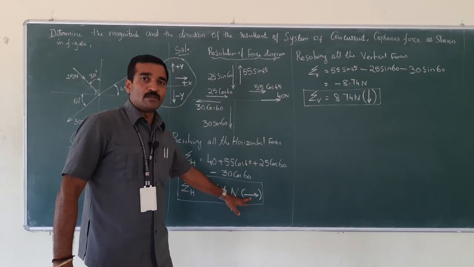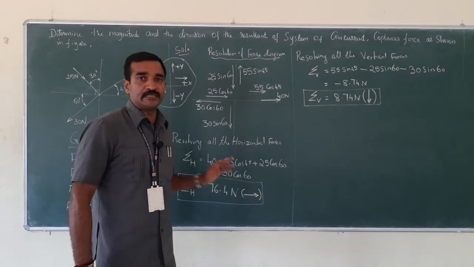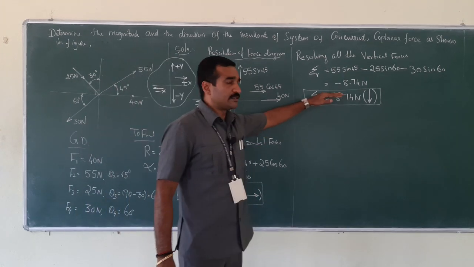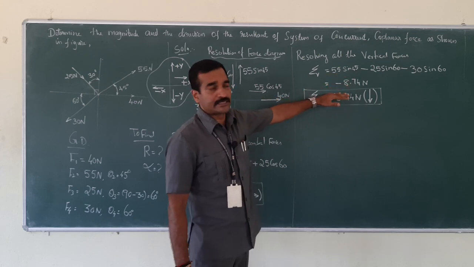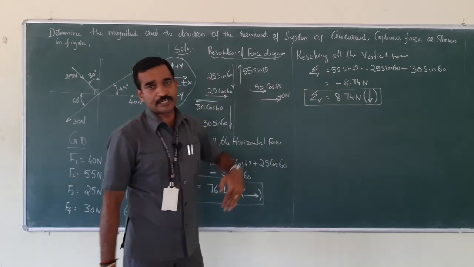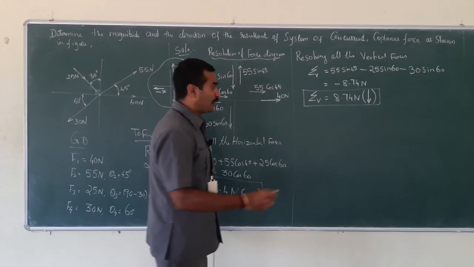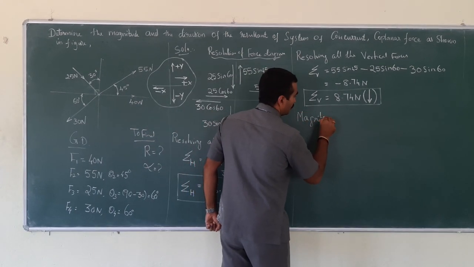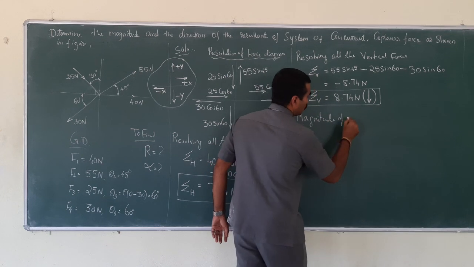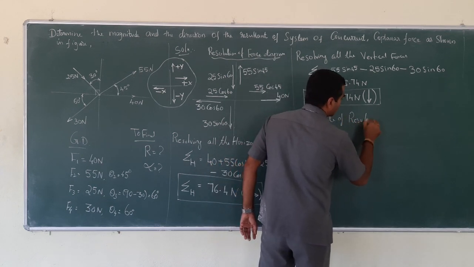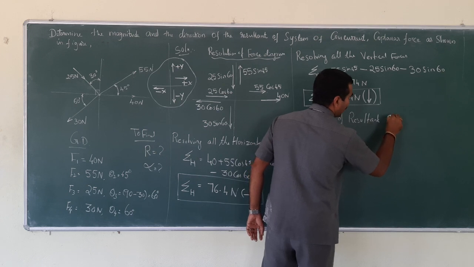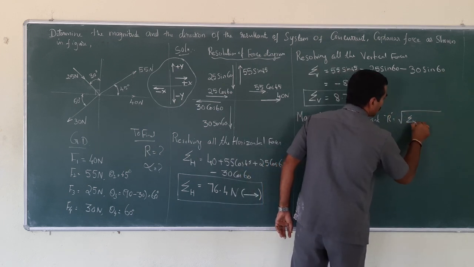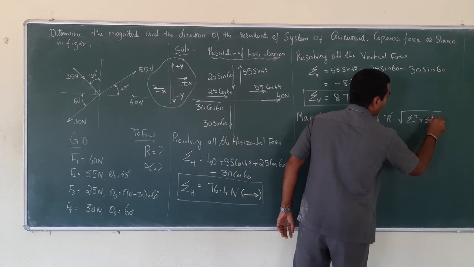So as far as the sum of horizontal forces is concerned, it is acting in the positive x direction, and the sum of vertical force is acting in the negative y direction. What about resultant? The magnitude of resultant formula can be simply written as R equals root of summation of H square plus summation of V square.